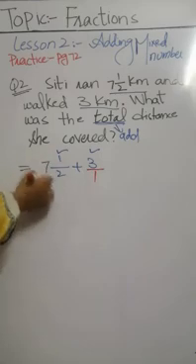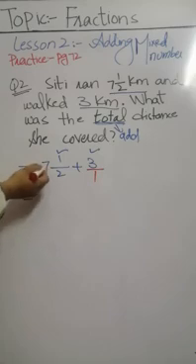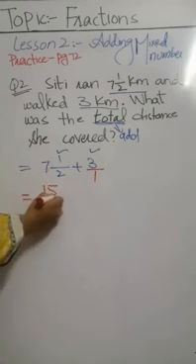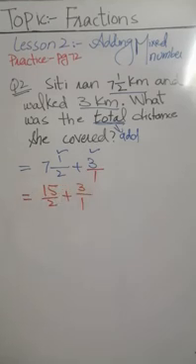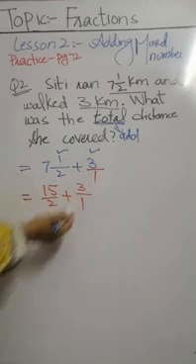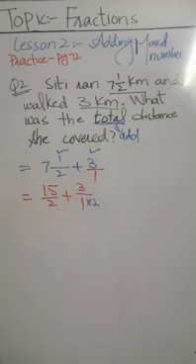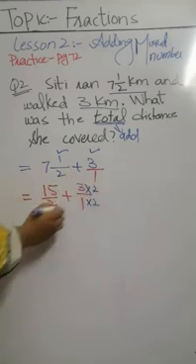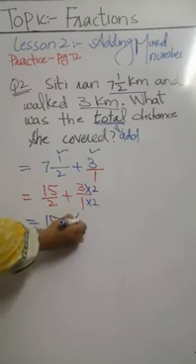Now we change the mixed number into an improper fraction: 3 times 2 plus 1, 7 by 2, plus 3 by 1. Now we have two different denominators. First we have 2 and second we have 1. We make this one 2 by multiplying it by 2, so we multiply its numerator also by 2. We get 7 by 2 plus 6 by 2.